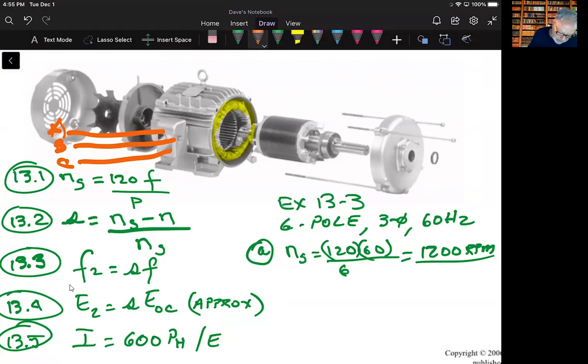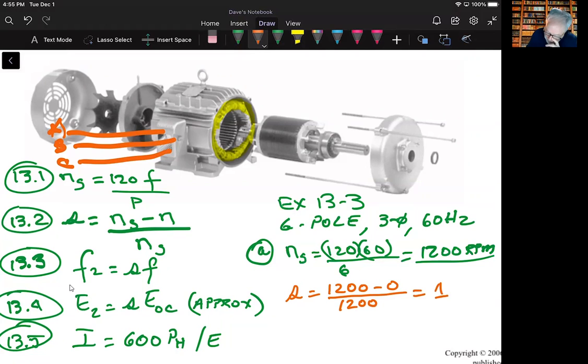Now, what's the frequency of the rotor current under the following conditions? Now that I have the synchronous speed, I'm going to use the slip equation: slip is equal to 1,200 synchronous minus the rotor speed. At standstill, that's 0 divided by 1,200, which gives us a slip of 1.